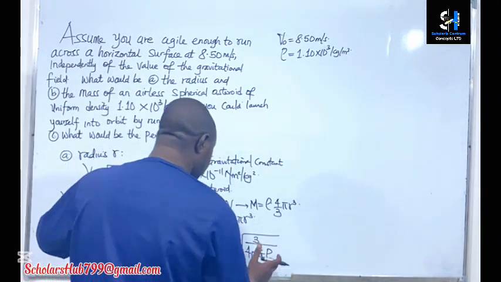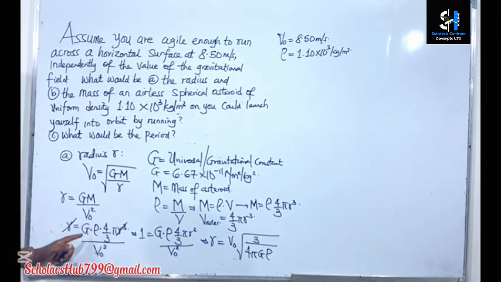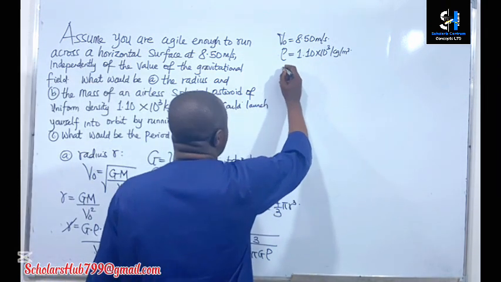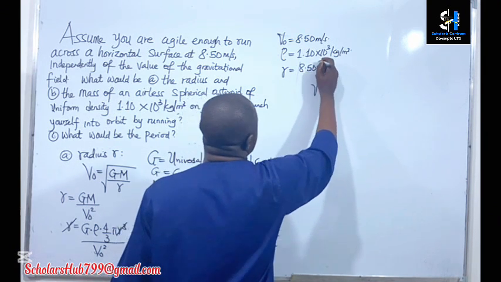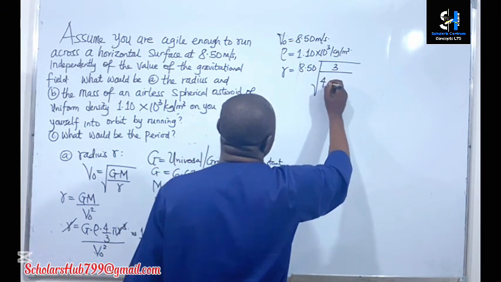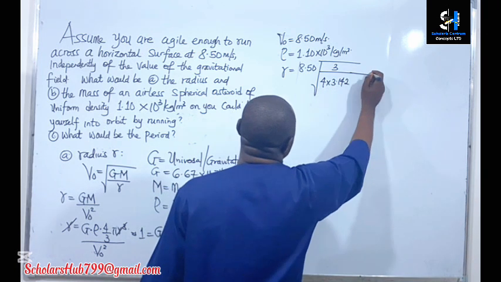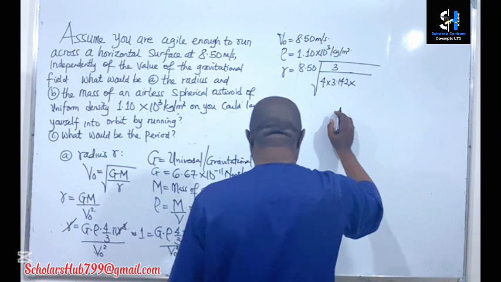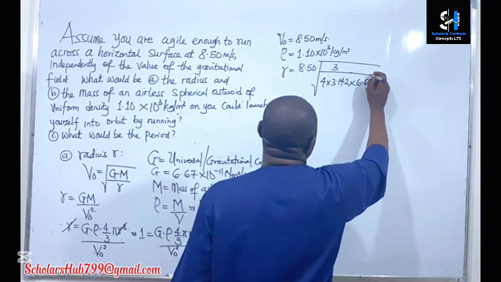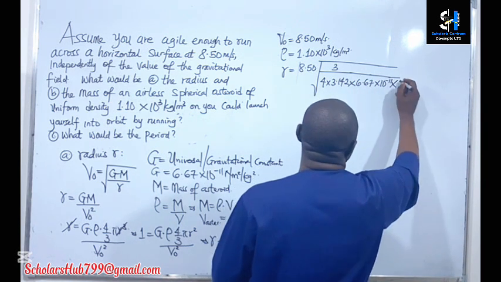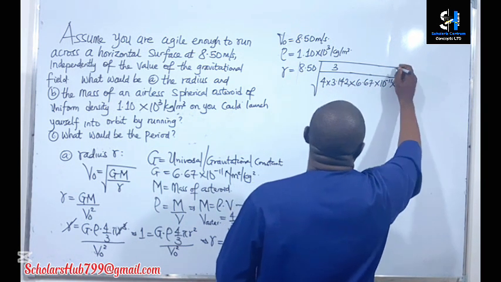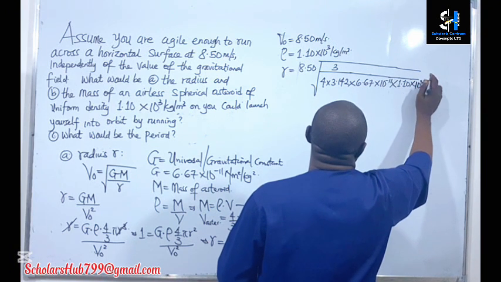Okay, so we just plug in the values. So we can then have radius equal to 8.50 times the square root of 3 over 4 multiplied by 3.142, which is the value of pi, multiplied by the universal constant, which is 6.67 times 10 raised to the power of minus 11, then multiplied by the density, which is 1.10 times 10 raised to the power of 3.